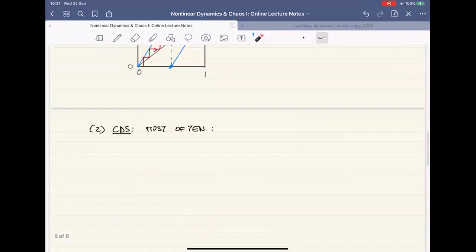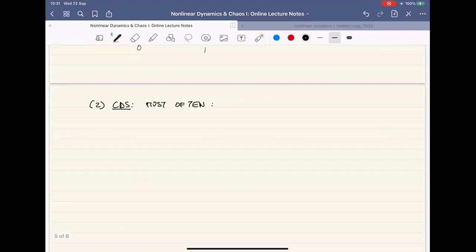So the same game in continuous dynamical systems is somewhat similar, but also different. The most common form is a differential equation, whereby your model is not good enough to tell you the actual evolution, but it should be good enough to tell you what the derivative of the evolution is, right? So this would be a first order ODE.